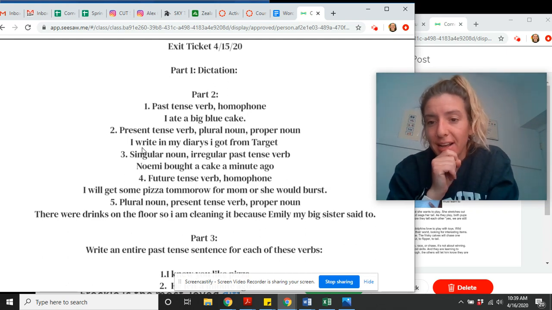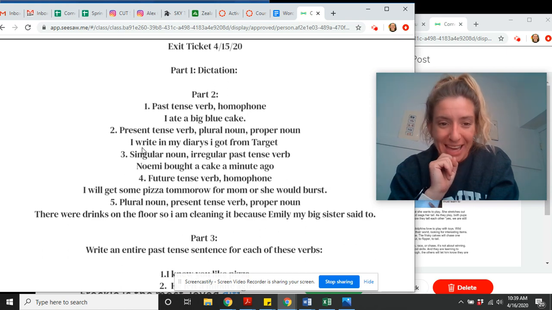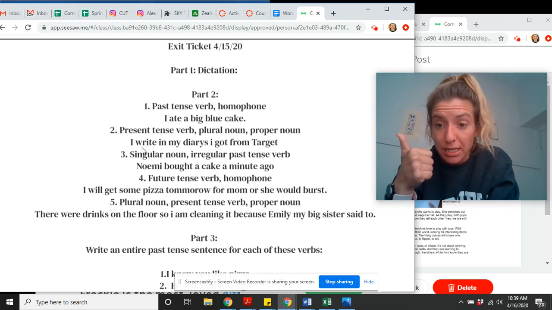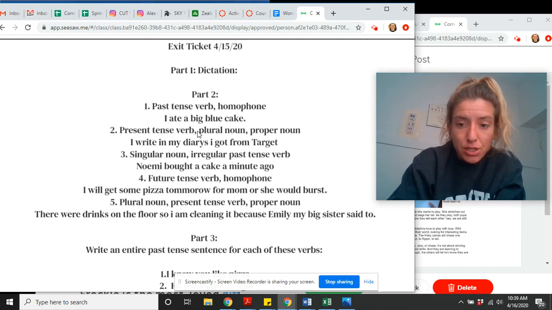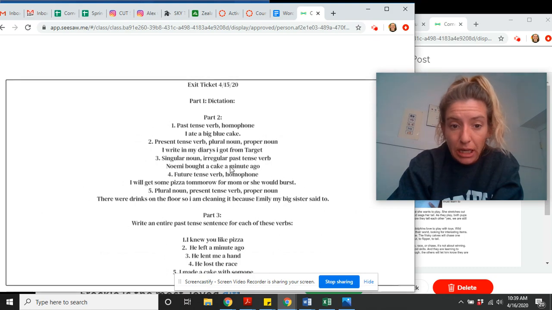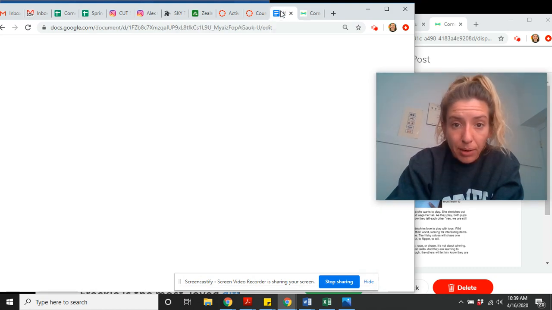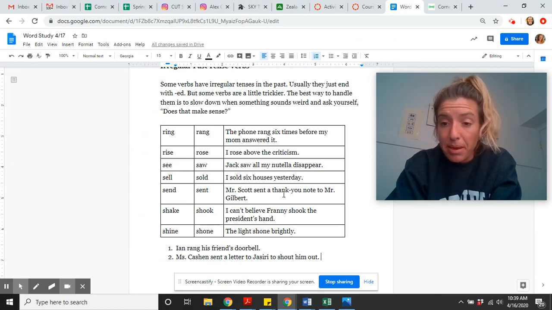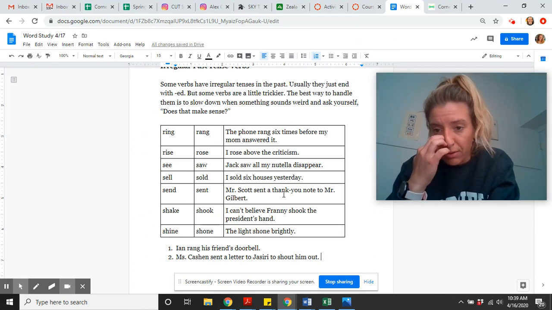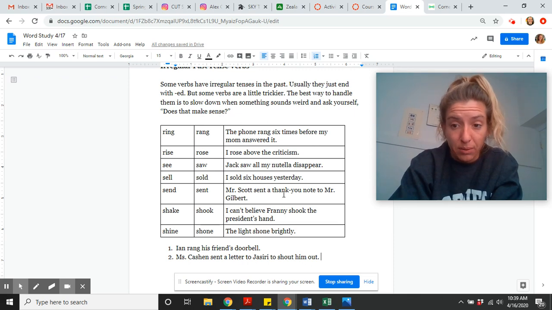Now, diaries, you should have dropped the y and added ies, but she has a plural noun, a present tense verb, and a proper noun. Nice job. Okay, so shout out to Noemi and David for their nice, clear work. Remember, when you're doing this work, you're coming up with complete sentences, but the sentences can be about anything you want as long as they have the parts of speech that I mentioned in the questions.